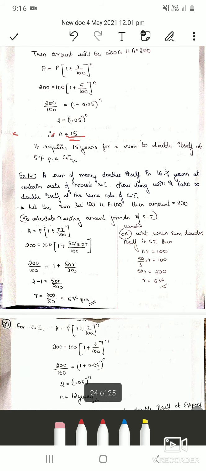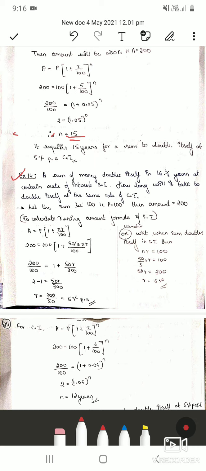So the 14th problem is, a sum of money doubles itself in 16 and 2 by 3 years at a certain rate of simple interest. How long will it take to double itself at the same rate of compound interest? So this is an important question.